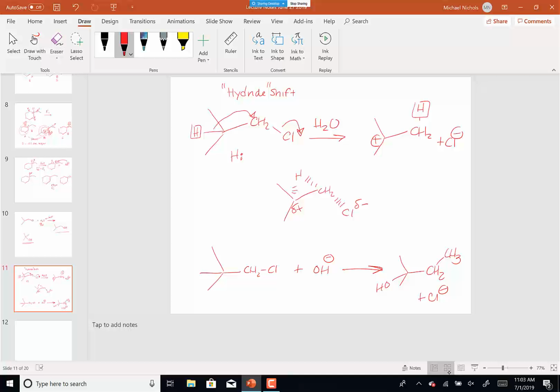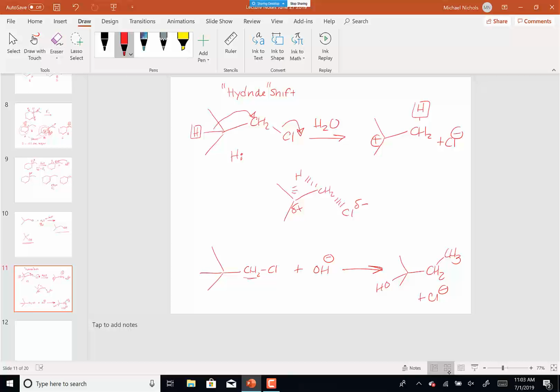And I can dissect this one a little bit better. Because you say, but I have a primary with hydroxide, SN2. I'm going to say not so fast.